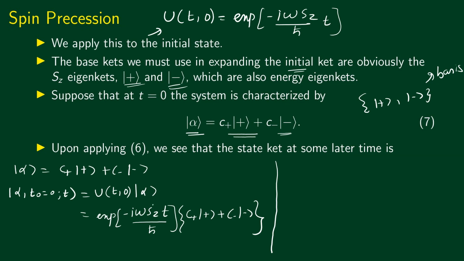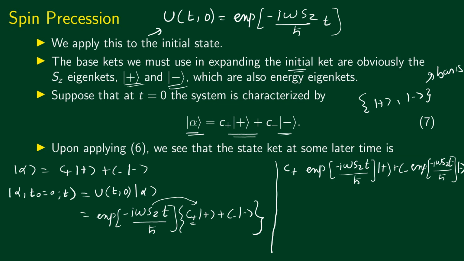We have an operator in the exponential here and we have the eigenket of the operator here, so we can use the eigenvalue equation. c plus is a number, so this operator commutes with this number. So we can write the first term as c plus exp(-iωSz/ħ) acting on ket plus, and then plus c minus exp(-iωSz/ħ) acting on ket minus.